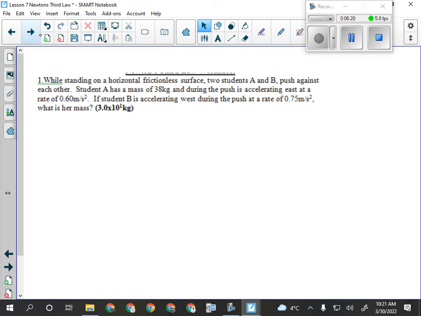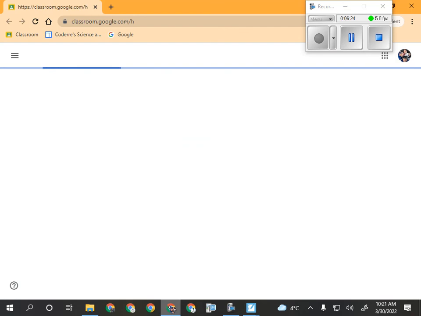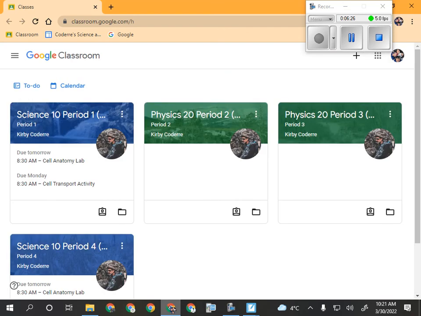So yeah, let's have the digital workbook open, and we're working on the Newton's third law problems. I think they're on page 6.